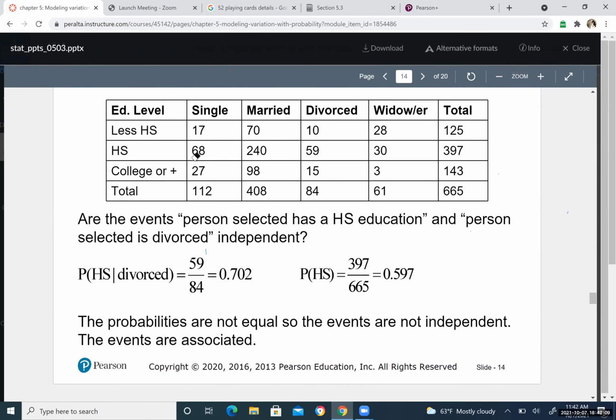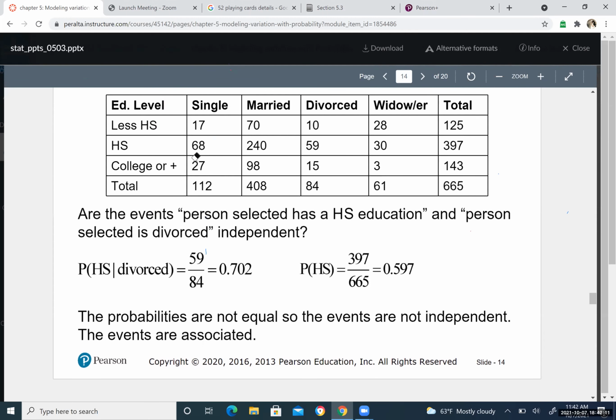Go back to this example again. They have a different question. They're testing us: are the events 'person selected has a high school education' and 'person selected is divorced' independent? So to test that, you have to imagine P of A given B is right here, right?